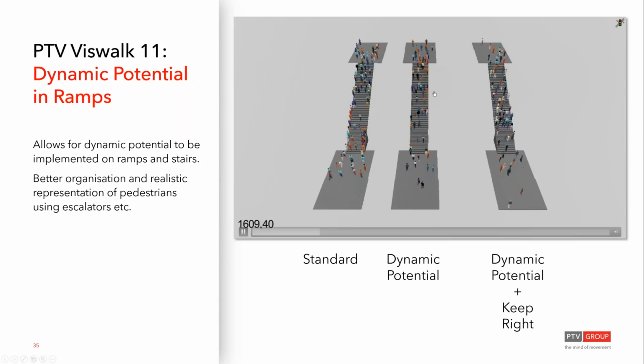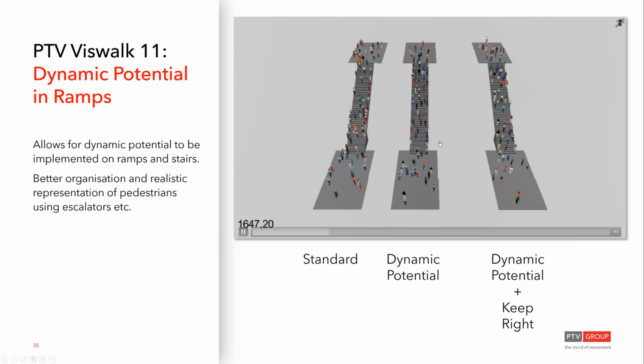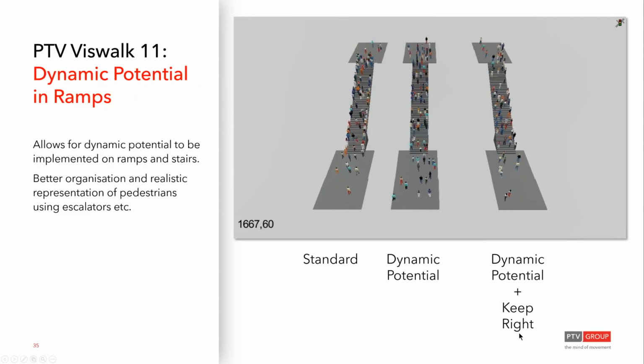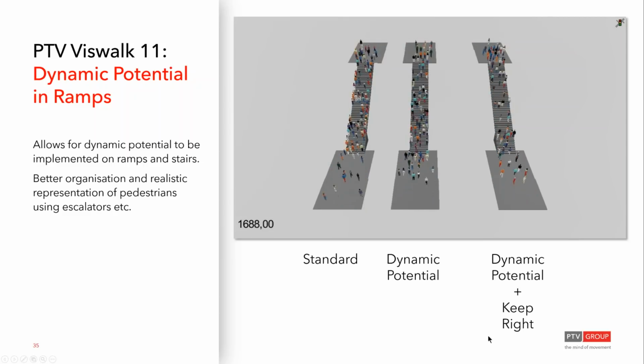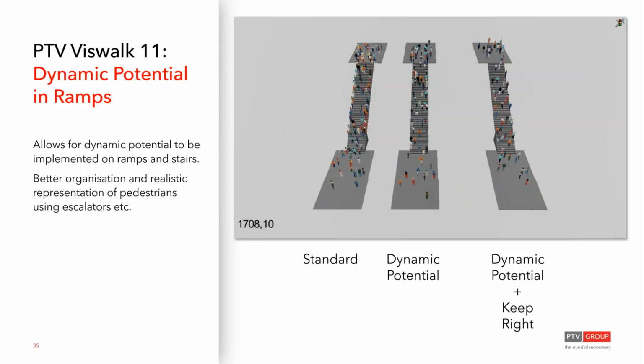If the dynamic potential is activated, they avoid these conflicts more efficiently, and even more so if keep right is activated. So pedestrians try to keep right on the ramp, in this case the stairs. It gives you a better simulation for pedestrians.